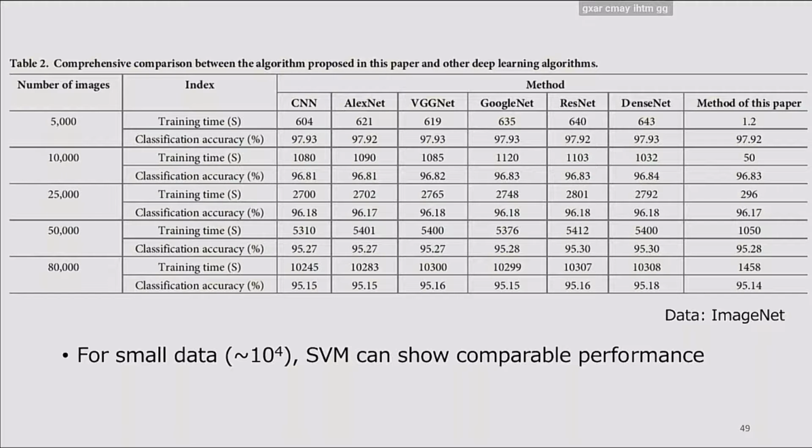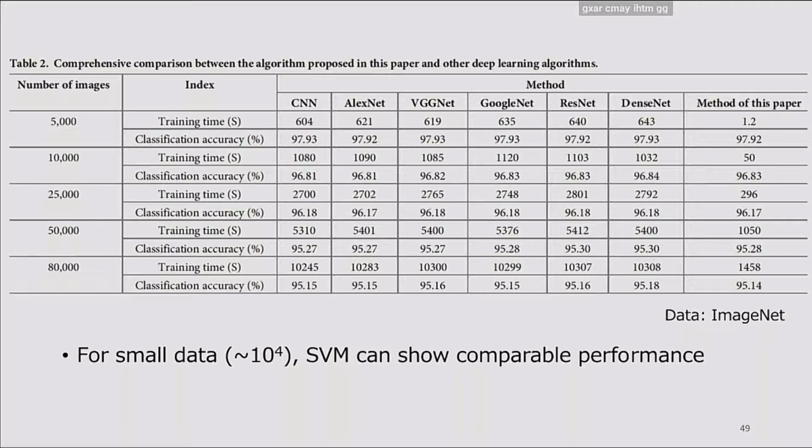Yeah, this may show the good performance of support vector machine. However, you may notice that the number of samples is very small, actually. ImageNet contains more than 100 million in total, but they just use up to 80,000.